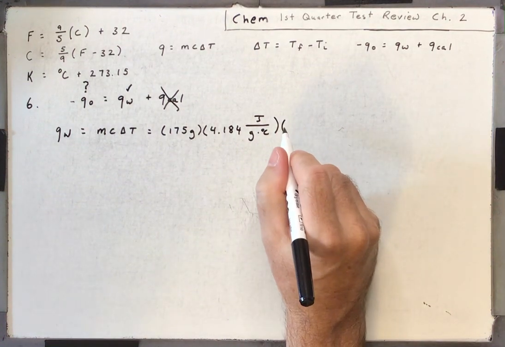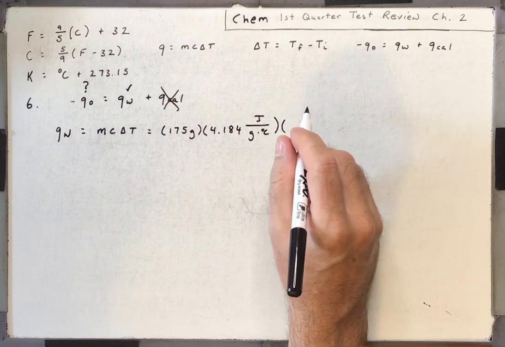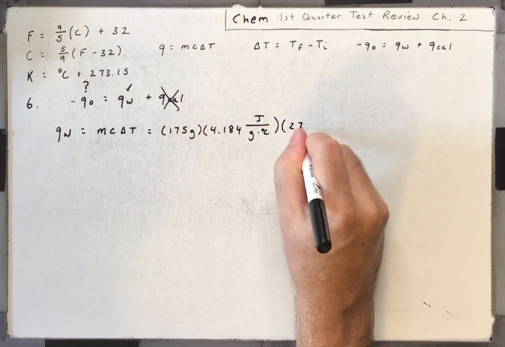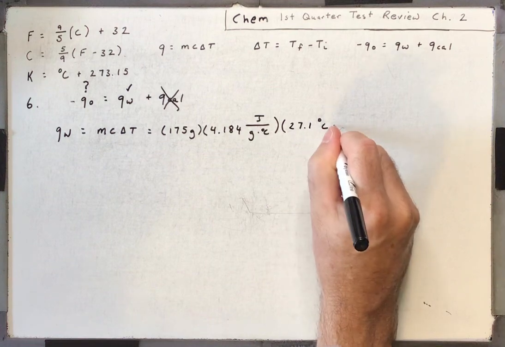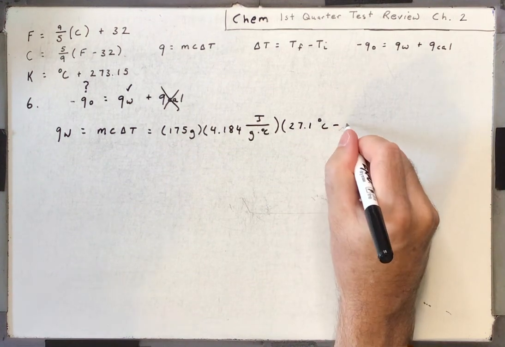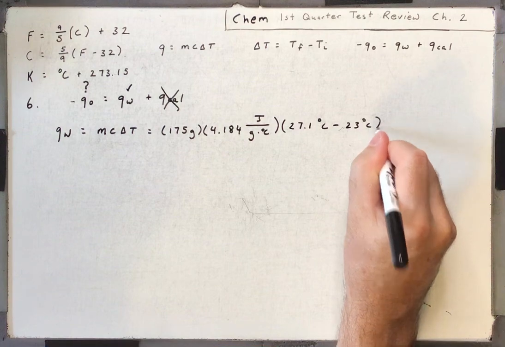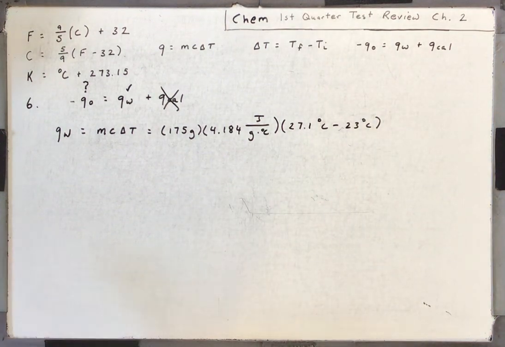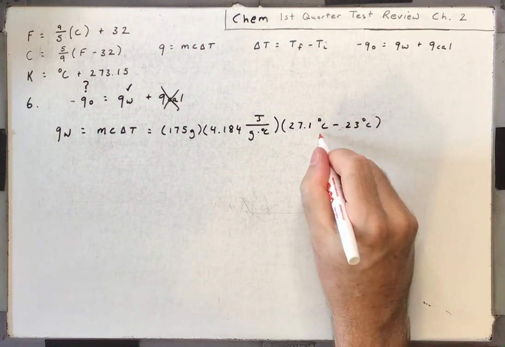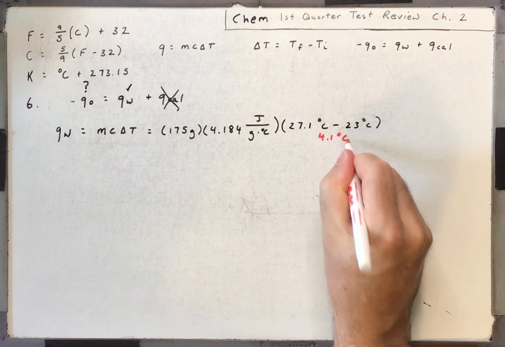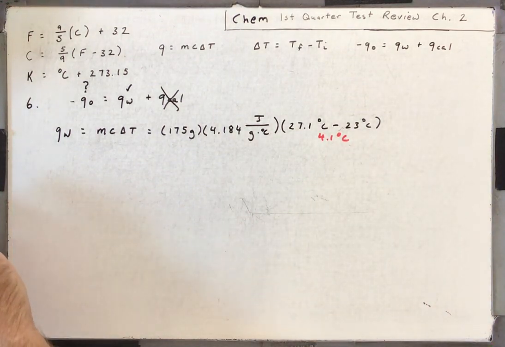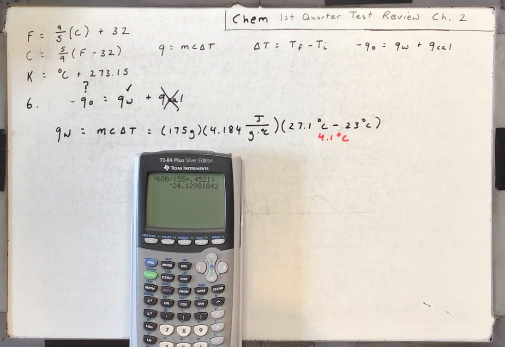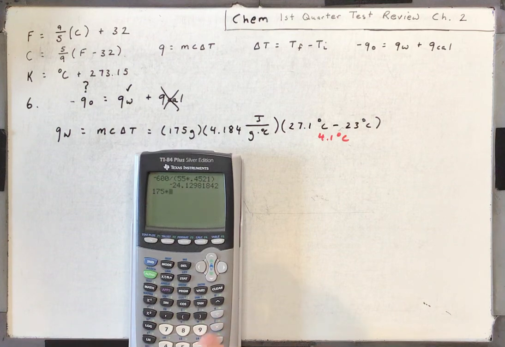And then the delta T of the water is going to be the final temperature, 27.1, minus the initial temperature, 23 degrees C. All right, so that is, I'm going to go ahead and write down, that's 4.1 degrees C. So it raised by 4.1 degrees C. So in your calculator, we've got 175 times 4.184 times 4.1.